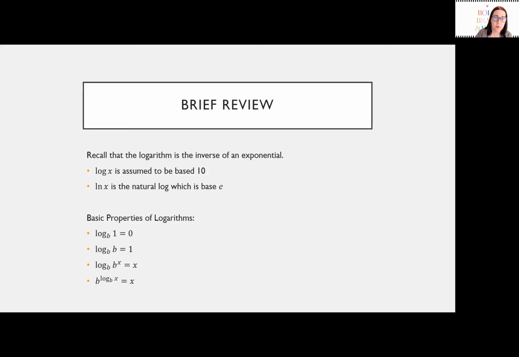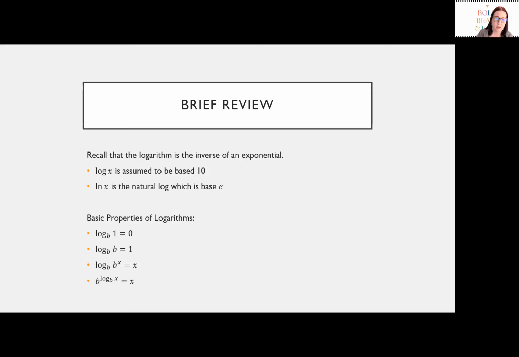And if there's an exponent on that thing, then your answer is the exponent, because the logarithm is telling you what the exponent is. Any number to the 0 power gives you 1. That's why the log of 1 is equal to 0. b to the first, that exponent is 1. That's why the log base b of b is equal to 1. And taking the logarithm of the same base to the exponent x, you get an answer of x.